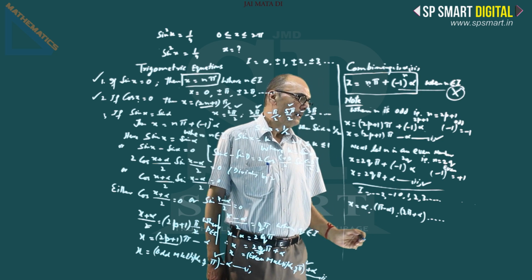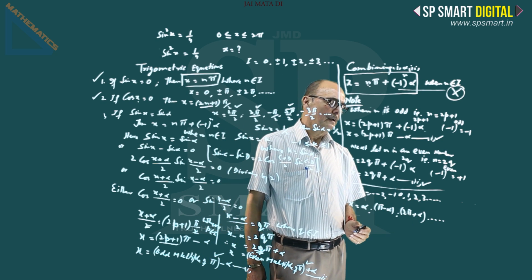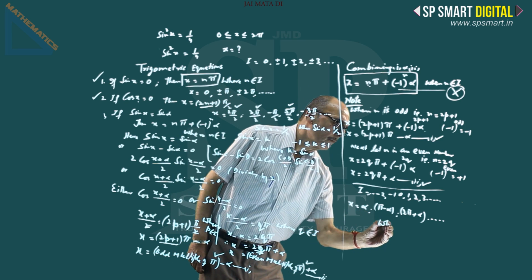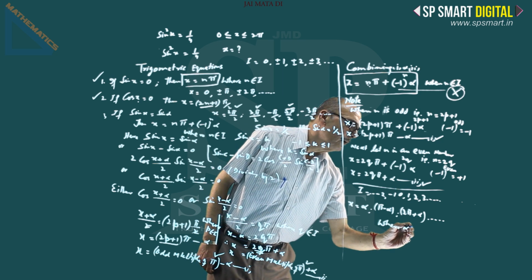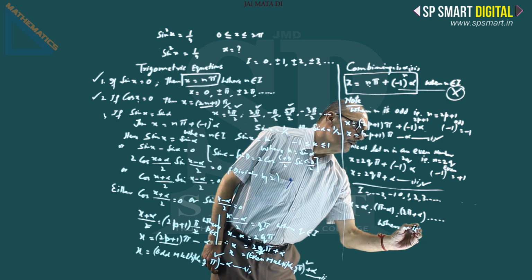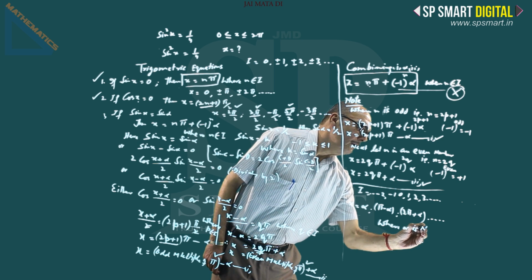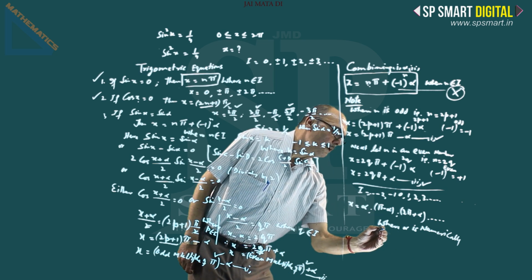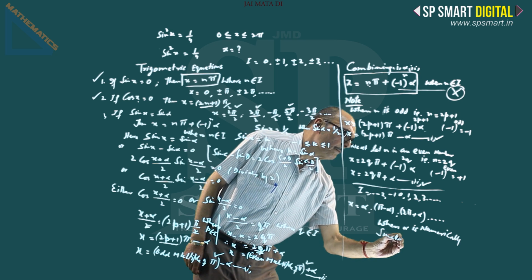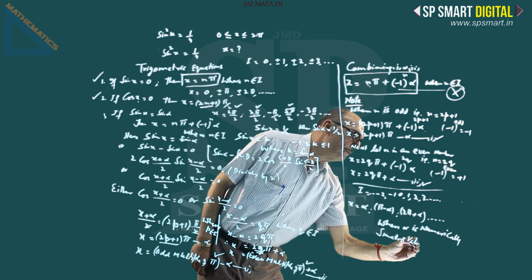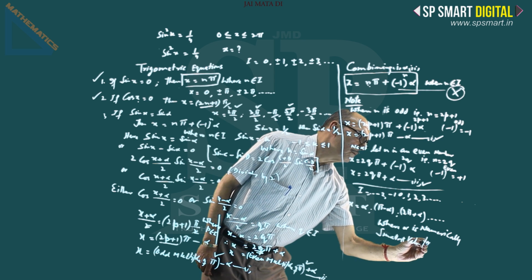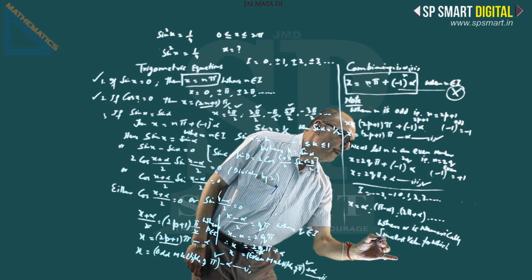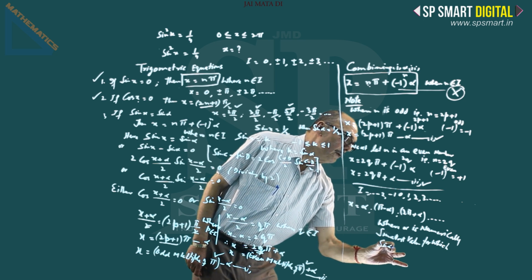Where alpha would stand for the principal value, where alpha is the numerically smallest value for which sin of alpha is k.